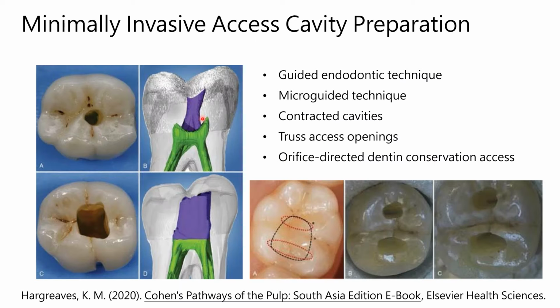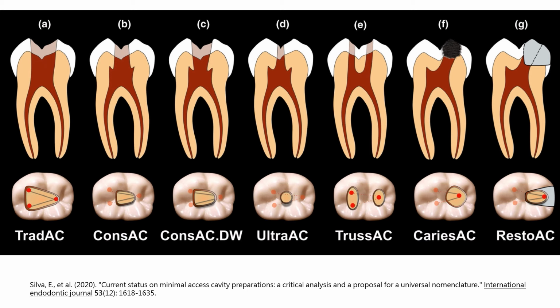So in modern endodontics we do minimally invasive work, but I'm not going to talk about the truss or ninja access today. We can see the process: we opened a lot in the traditional approach, but we go more conservative nowadays. How conservative is not the topic today.